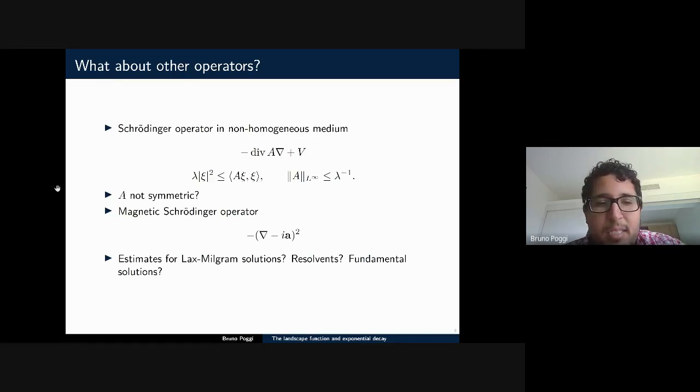The ellipticity condition is a sort of uniform positive definiteness of the matrix, together with boundedness.